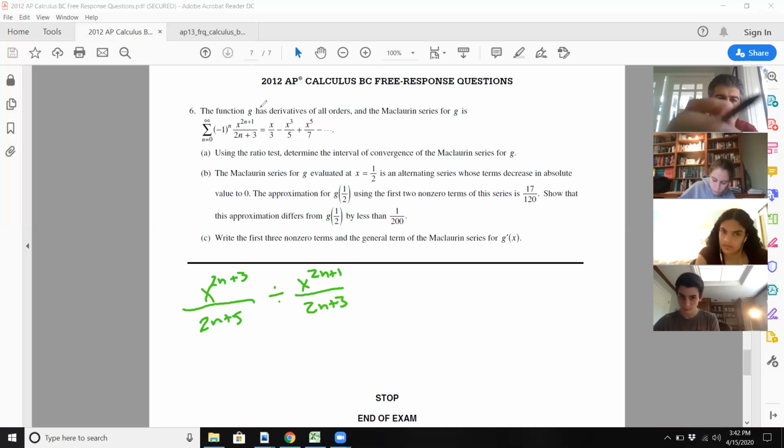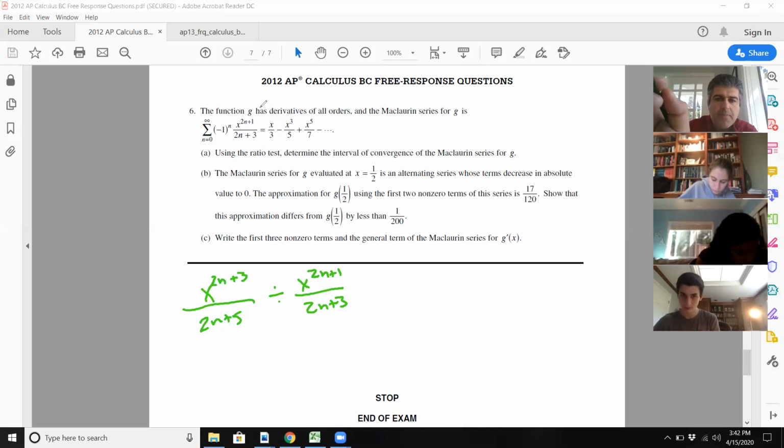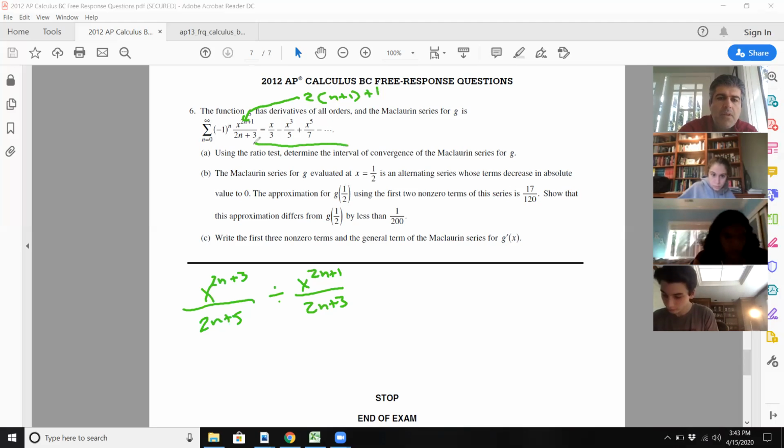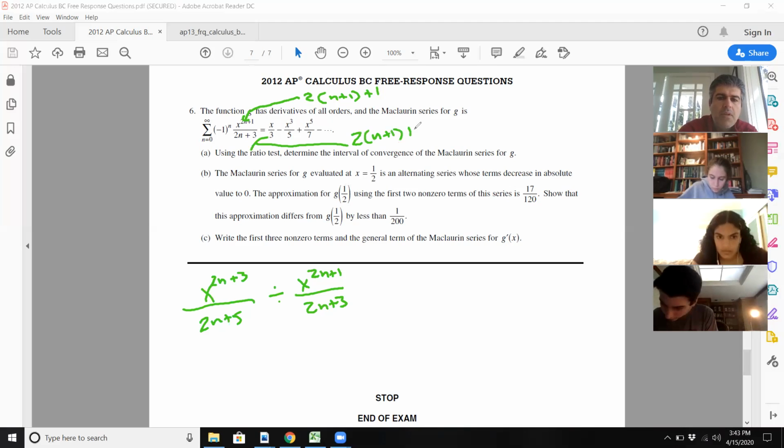when you get the second term here, essentially what you're doing is you're replacing n with n plus 1. That's how you get x to the 2n plus 3, and that's how you get 2n plus 5 on the bottom.